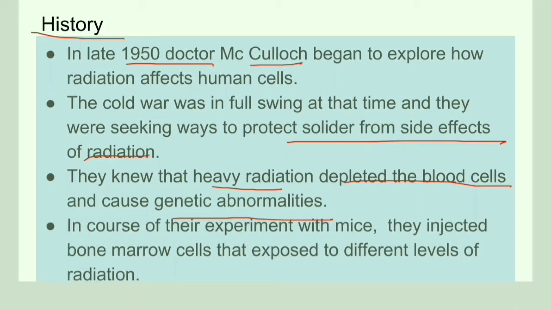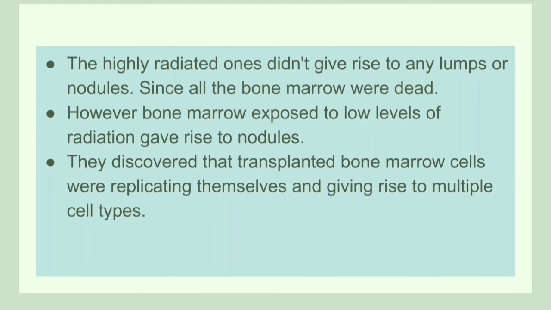Experiments were done with mice by injecting the bone marrow of mice exposed to different levels of radiation. Through this experiment, they were able to conclude that the highly radiated ones didn't give rise to any lumps, whereas the low radiated ones gave rise to many lumps.